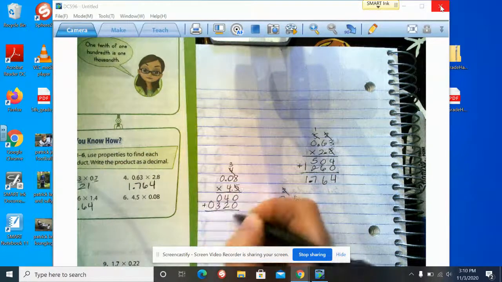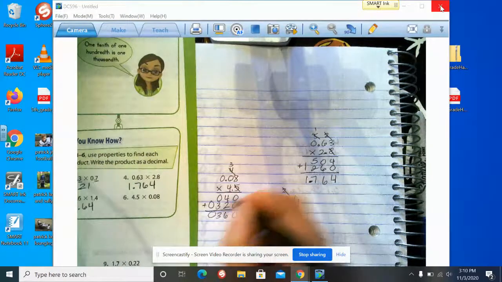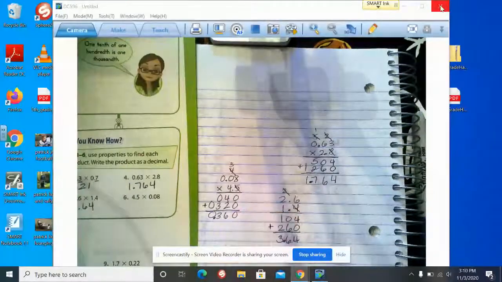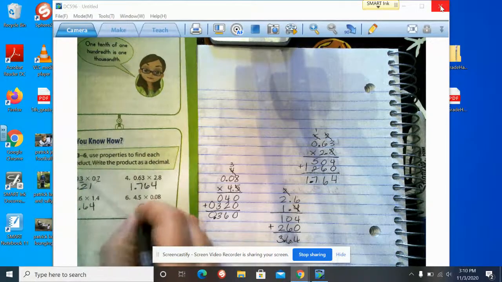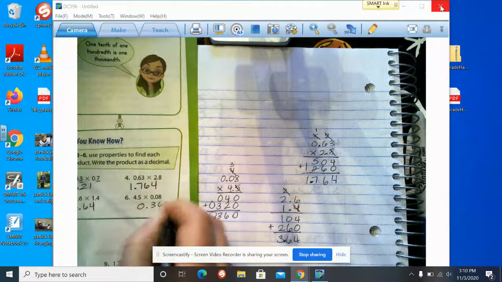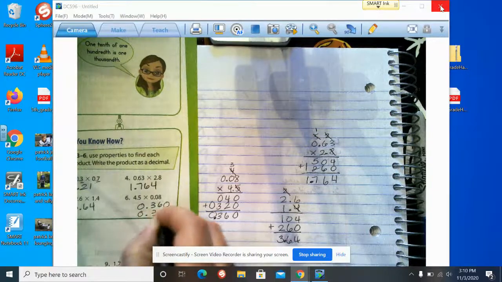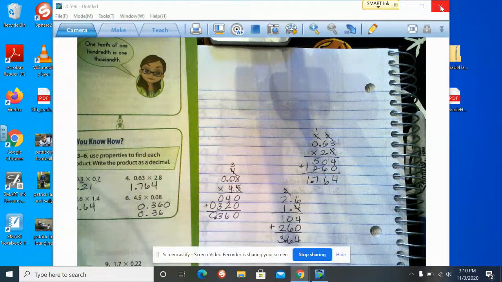Let's add these up. 1, 2, 3. 1, 2, 3. 0.360 or 360 thousandths, or 36 hundredths would be equal to that as well.